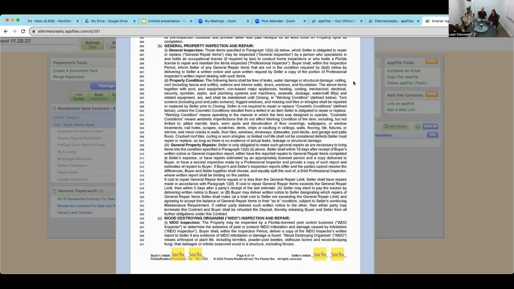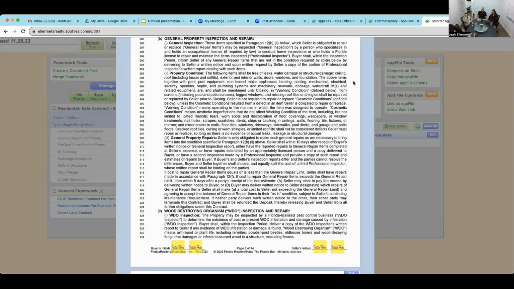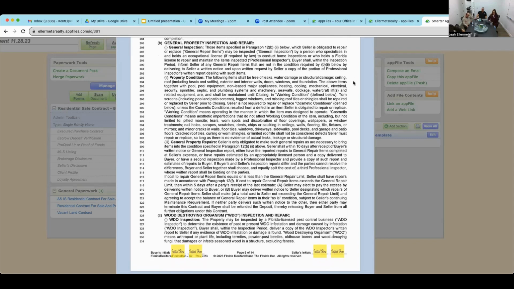We don't want to get a buyer stuck in a home that needs $1 million worth of repair, because it used to be an old dump site. Actually there was a gas station there and one of the tanks is still on the property and nobody knew it. Things happen, especially on vacant land.